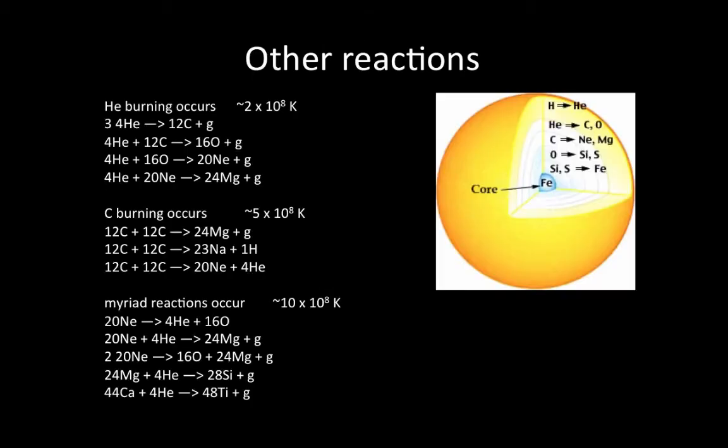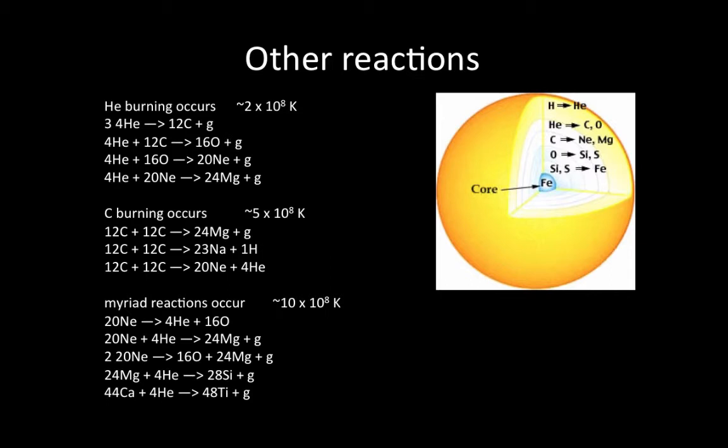Other reactions that can happen once the hydrogen runs out are helium burning to form either carbon or oxygen or neon, mostly carbon though. This happens at around 20 million degrees Kelvin.